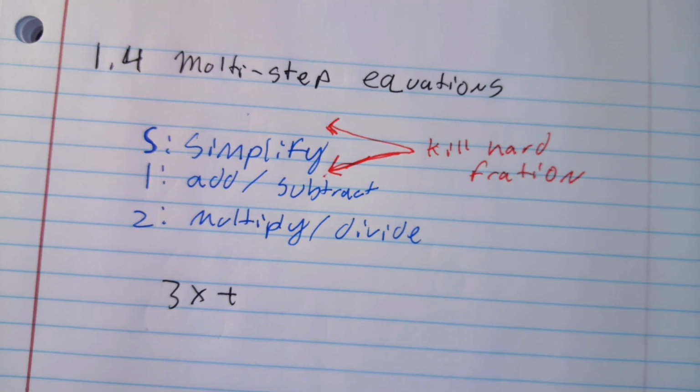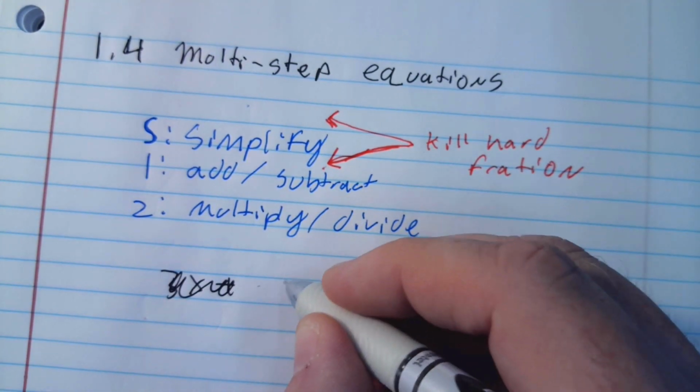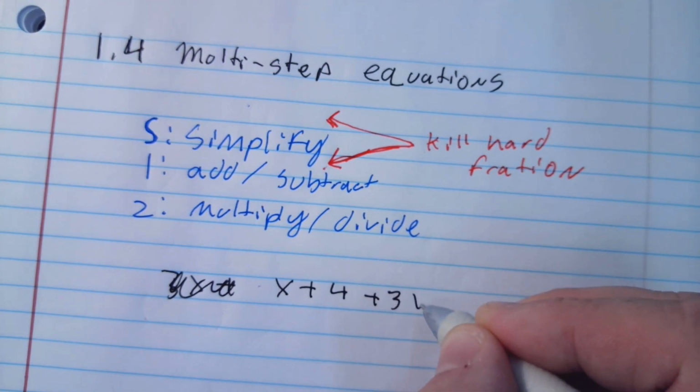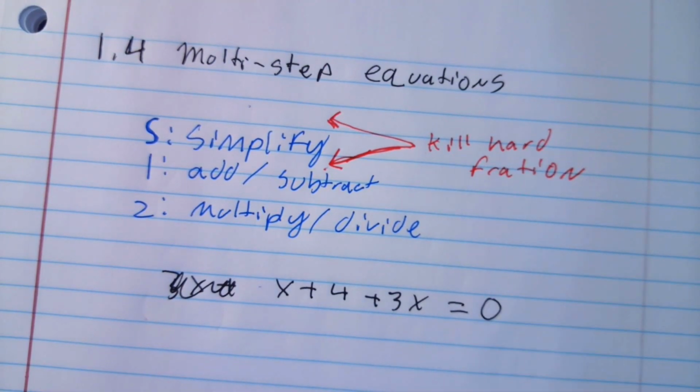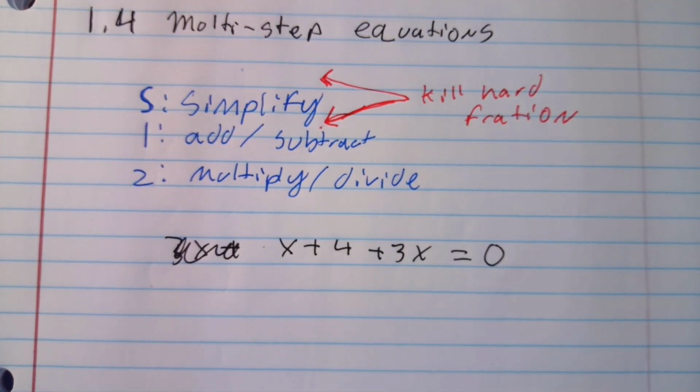X plus 4 plus 3x equals 0. Anytime we get a multi-step equation at this point, we're going to have to simplify.